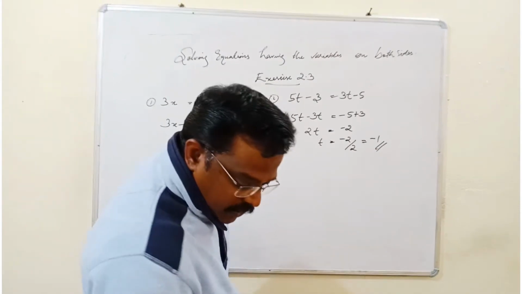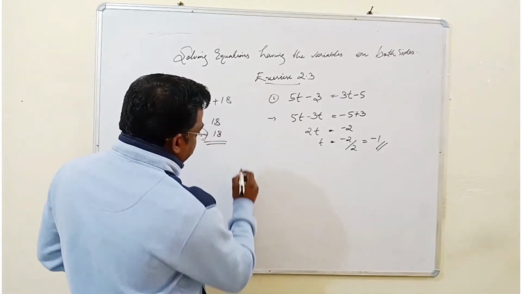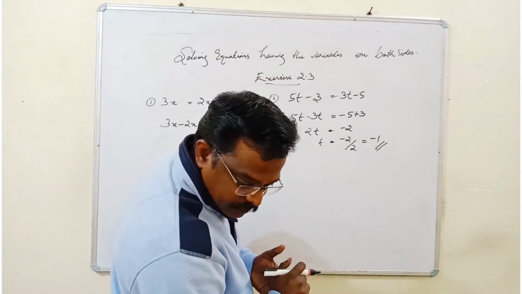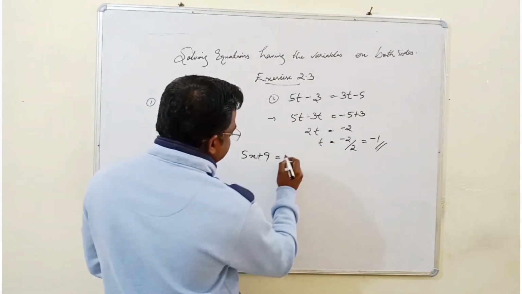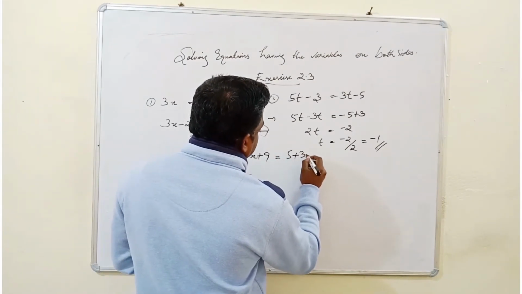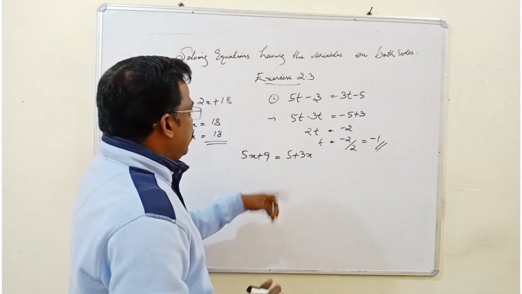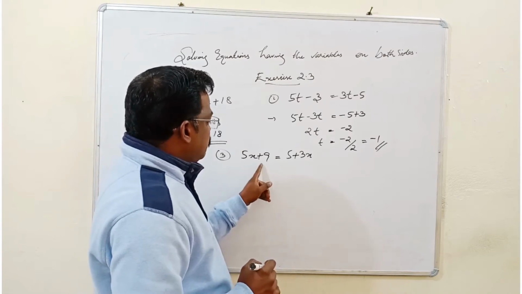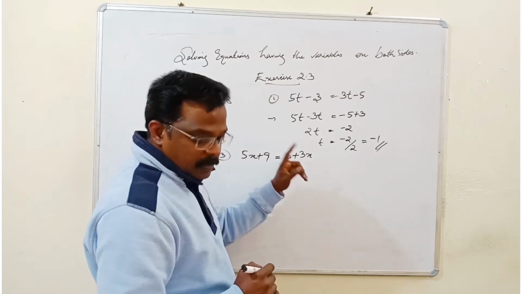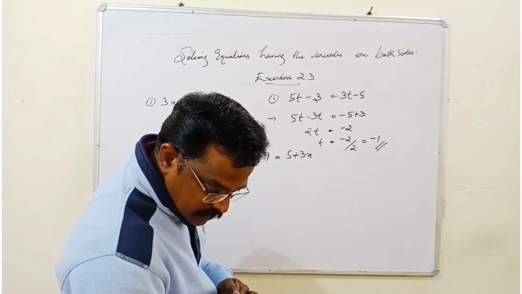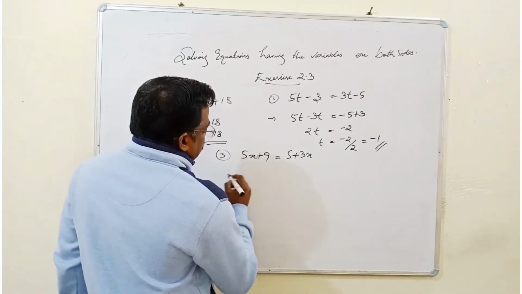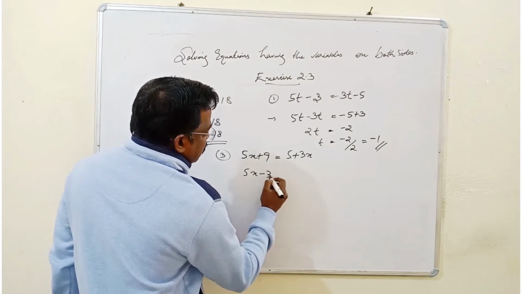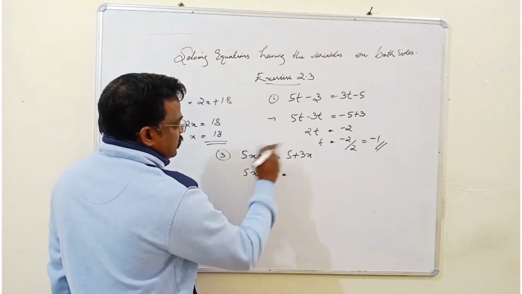One more question, that is question number 3 in the exercise: 5x plus 9 equals 5 plus 3x. So here we can bring the x terms together. 5x minus 3x.